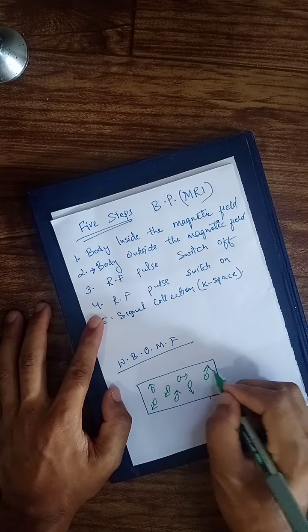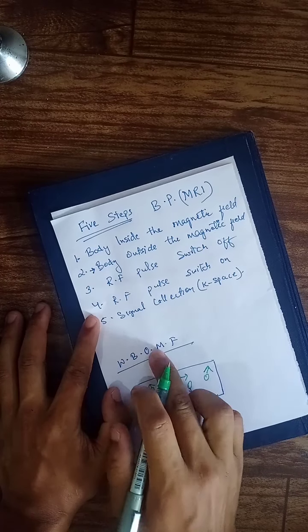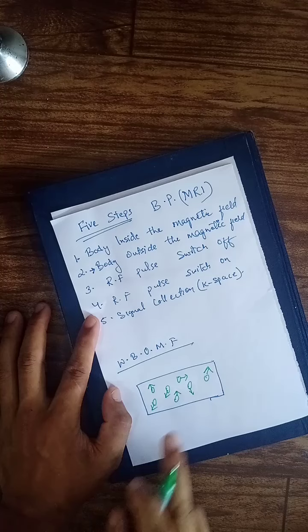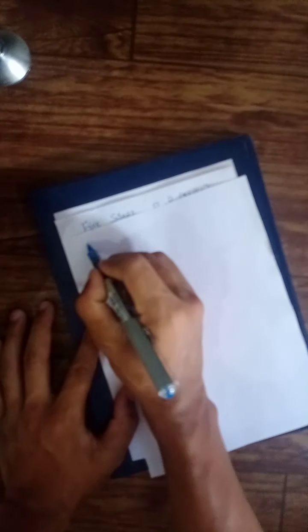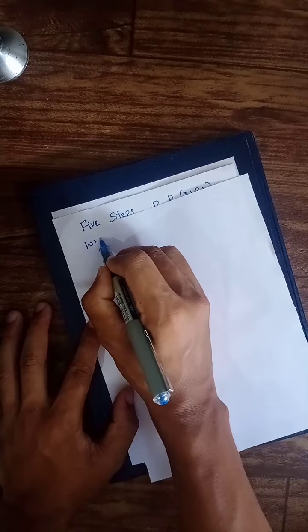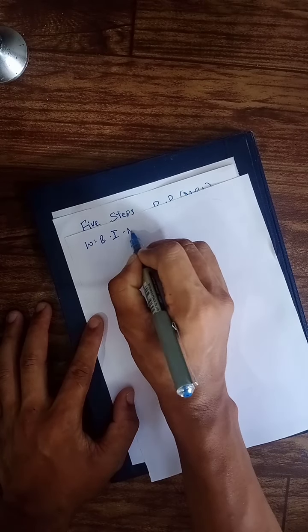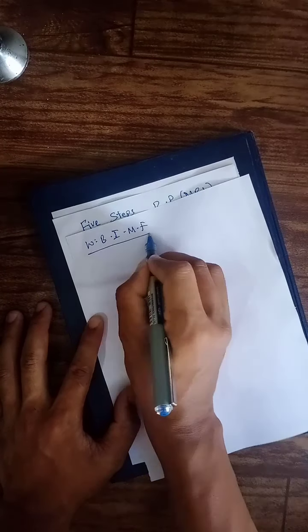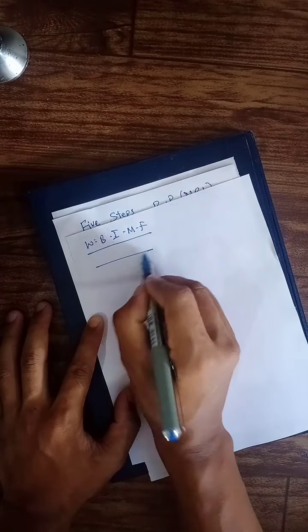It's in random motion. This is what happens when your body is outside the magnetic field. And when your body is inside the magnetic field, let me show you now. In short form, what happens when your body is inside the magnetic field?